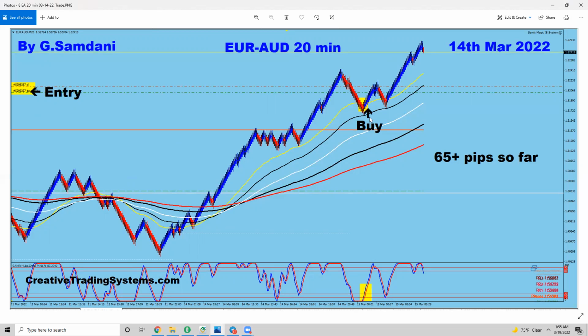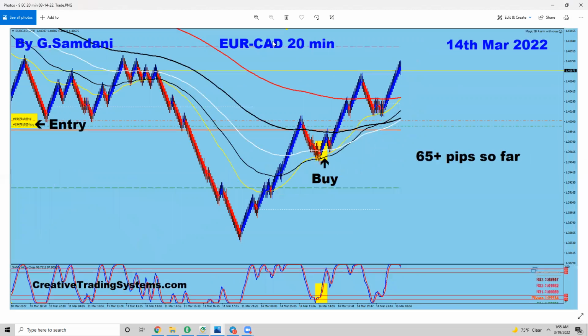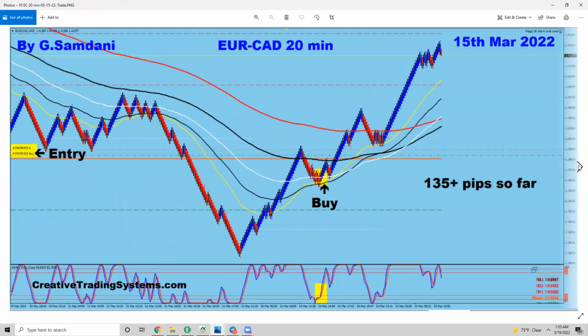Then again on the 14th, it gave me another entry and it went up as well, 14th March 2022, for 65 pip. Now losing momentum. On the 14th, this Euro CAD 20-minute to the long side for 65 pip. See how many pip, trades on the 14th alone.